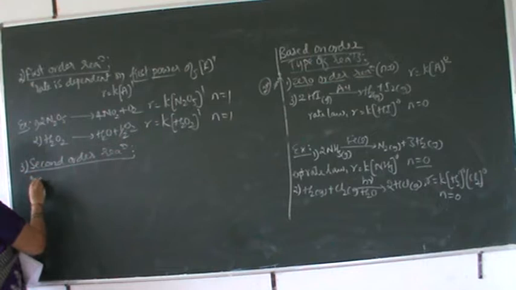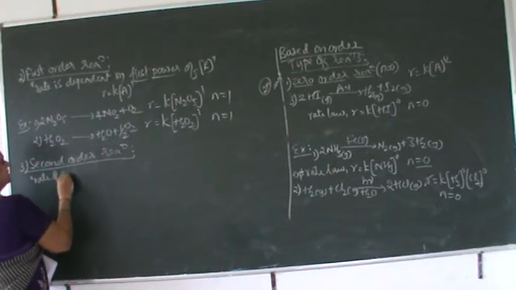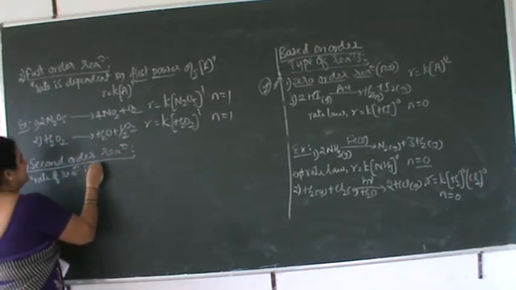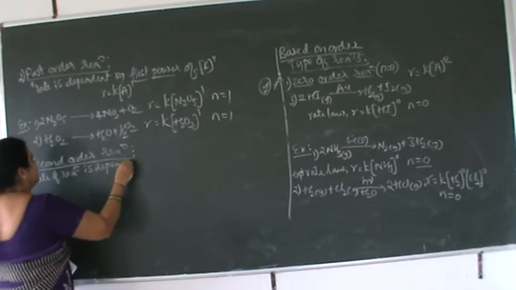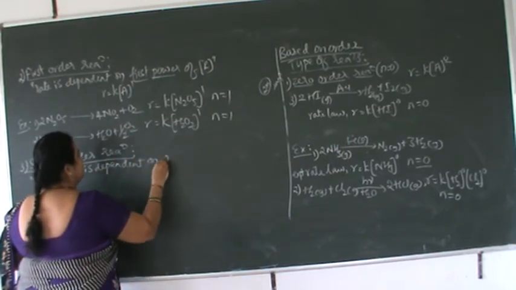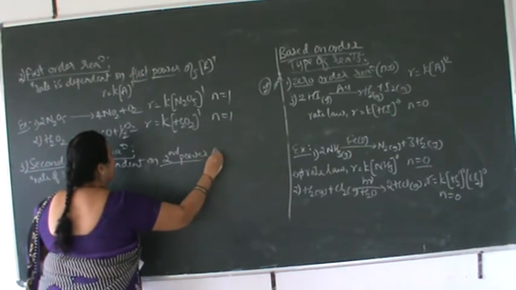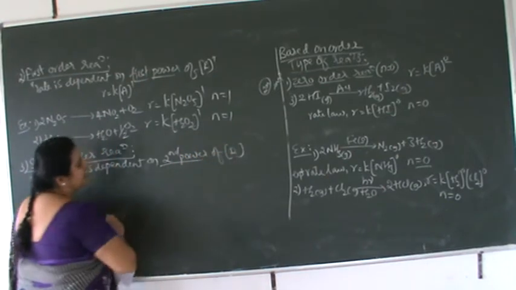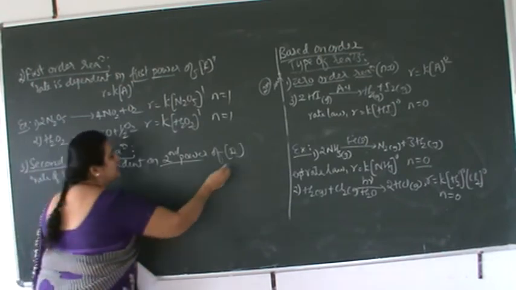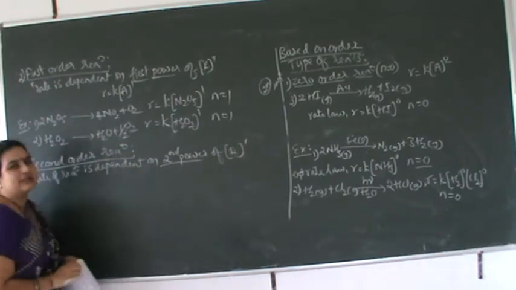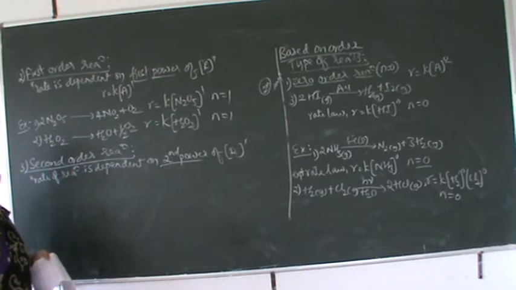Same definition. Rate of the reaction is dependent on second power of concentration of reactants. Rate of the reaction is dependent on second power of concentration of reactants.